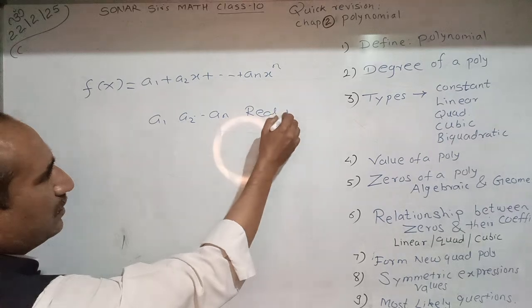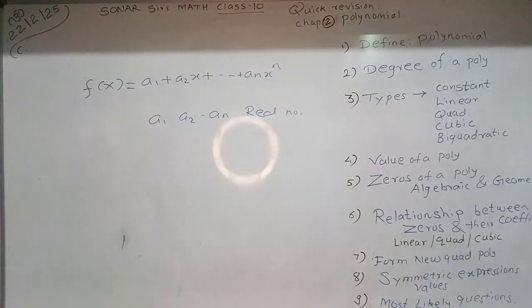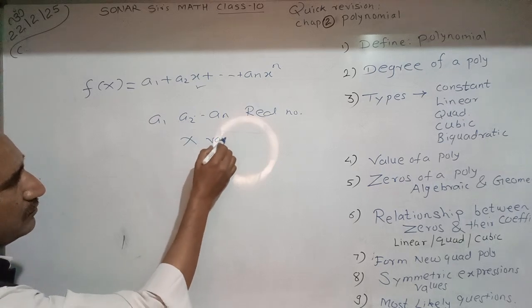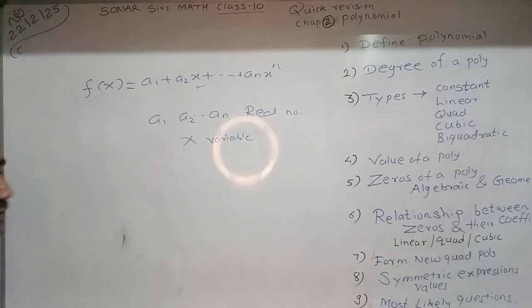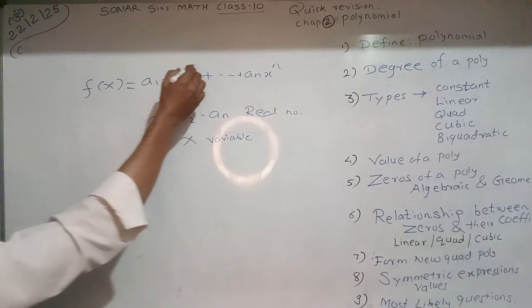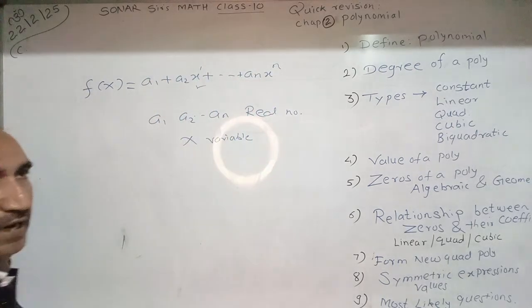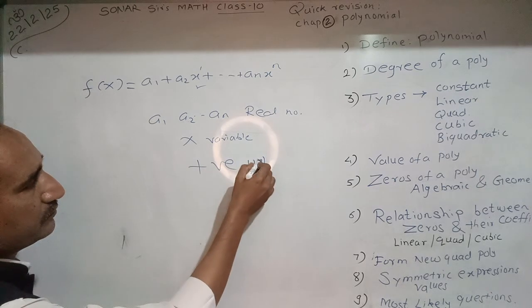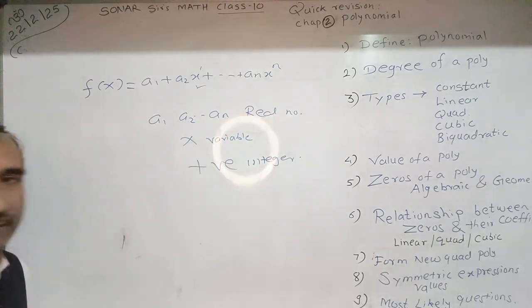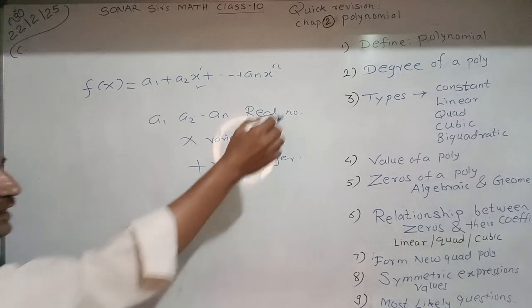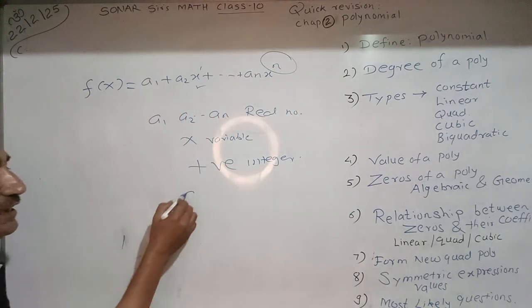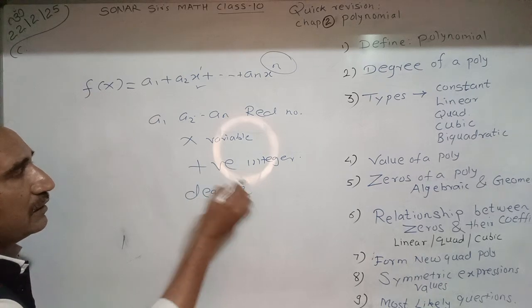So these are real numbers. What is this? X is a variable. And this with the exponent, that is power. Power is a positive integer. And this highest power is called degree of this polynomial.